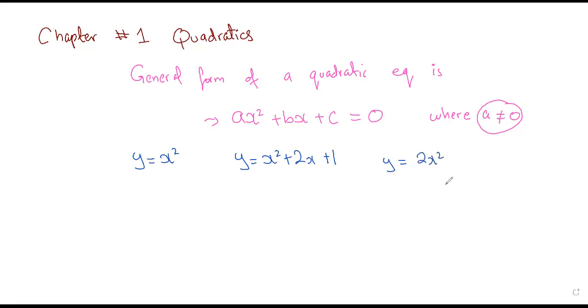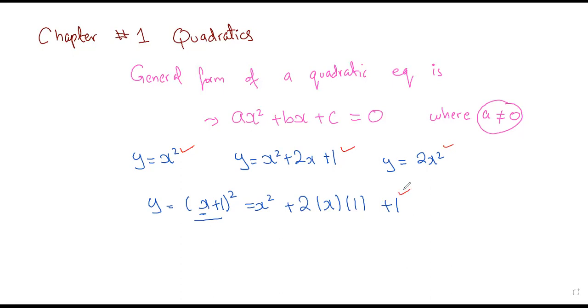These are all types. Also, it could be y equals (x plus 1) whole square. Why? Because when we open this up, we get x square plus 2 into x into 1 plus 1. This means that all of these are different types of quadratic equations.